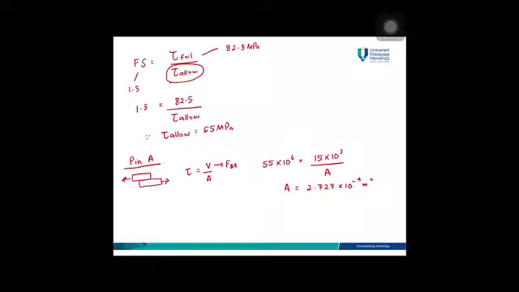And you know that this is a rod, then the formula for area is pi d square over 4, equal to 2.727 times 10 negative 4, and then manipulate the equation, you will get d is equal to 0.0186 meter, because I use meter. This is for pin A.